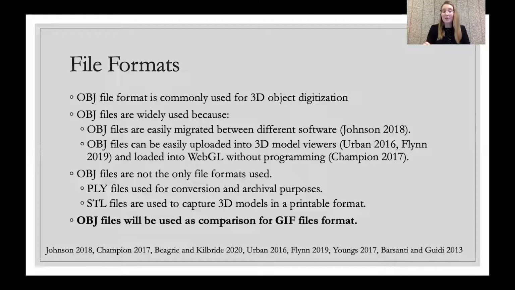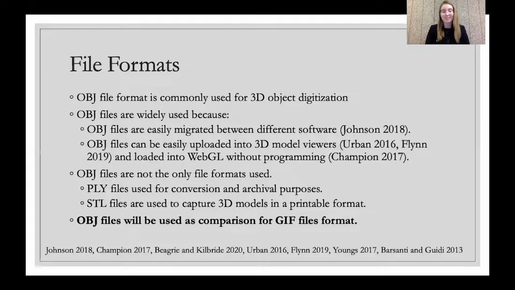Also, STL files, stereolithography files, are used to capture 3D models in a format that can be used and transferred to commercially available 3D printers. There currently exist, however, hundreds of 3D file formats, including the most common of 3DS, DAE, STP, PRT, and more.